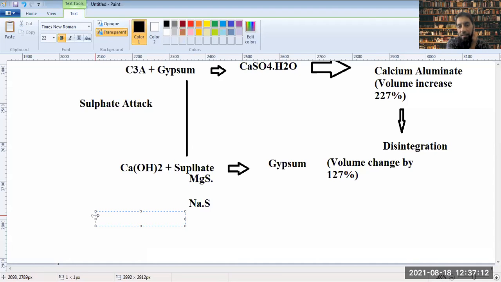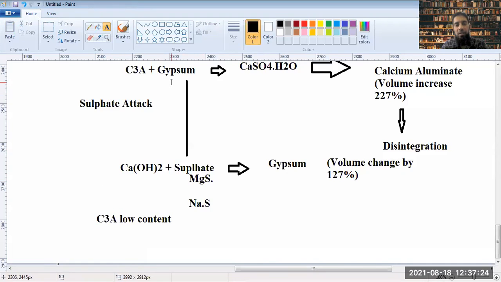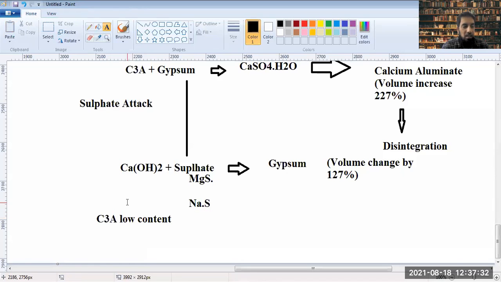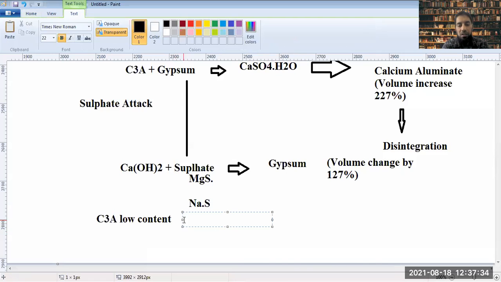How do you make a sulfate resistant cement? Simple, you decrease the content of C3A, because C3A is reacting with gypsum. So you reduce the content of C3A, and it becomes a sulfate resisting cement. The maximum content of C3A we provide here is 3.5%.